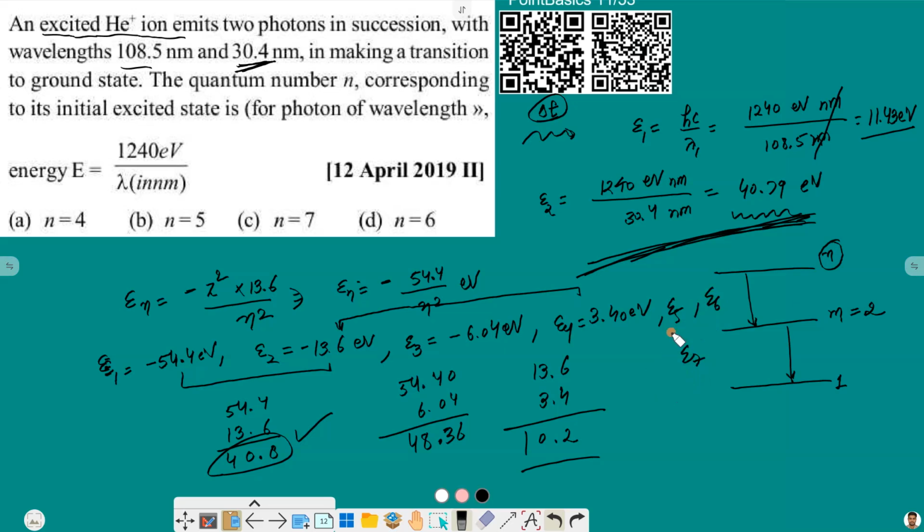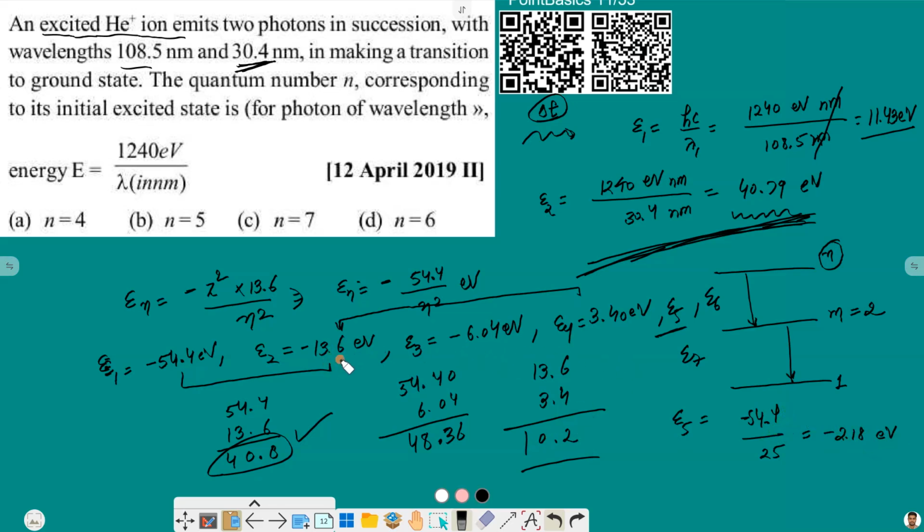So if we find the energy for the fifth level, then E5 will come out to be minus 54.4 divided by 25, and that will be slightly larger than 2, that is basically 2.18 electron volt.